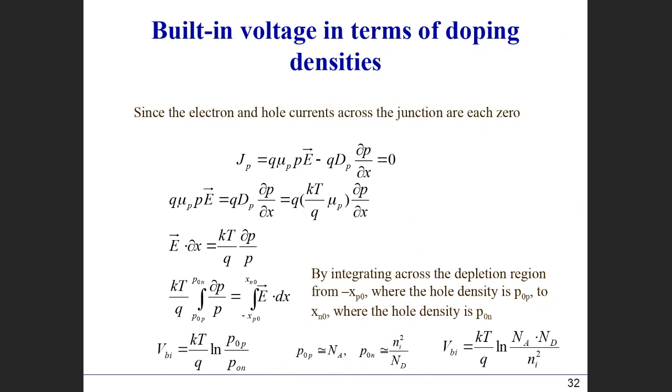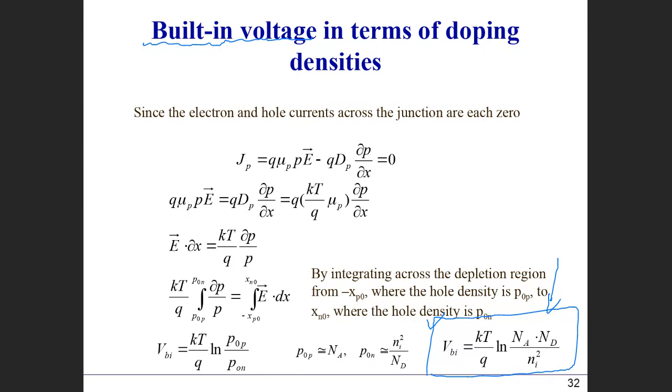Before we move to the next slide, look at the VBI. As I mentioned, VBI is called the built-in potential or built-in voltage, and it is related to the doping.